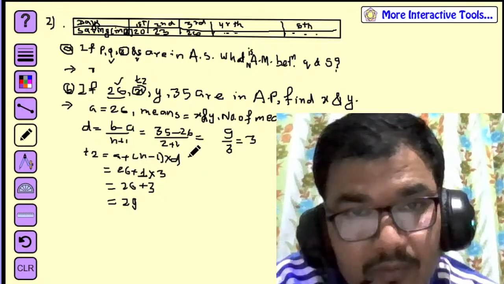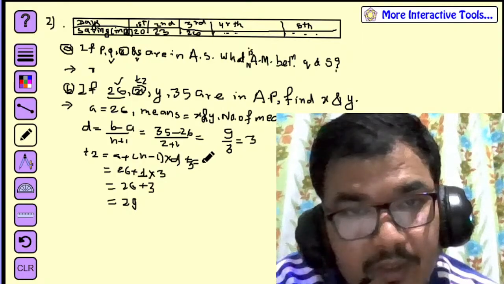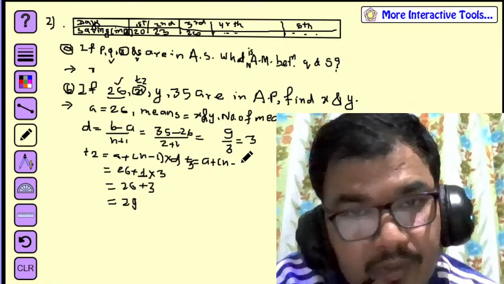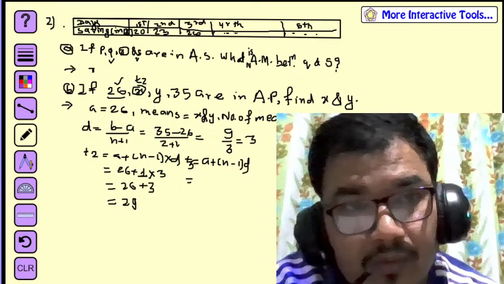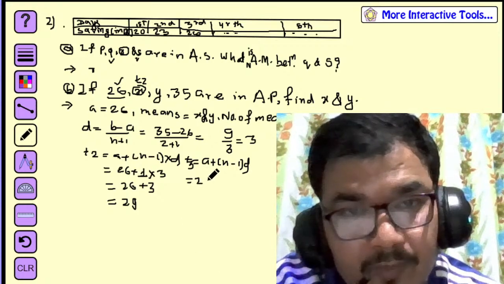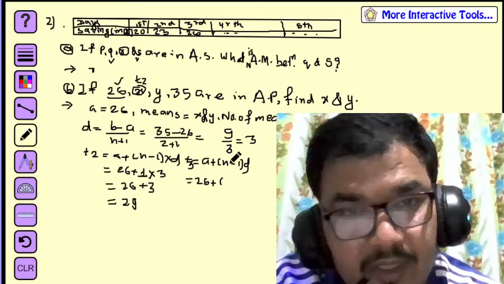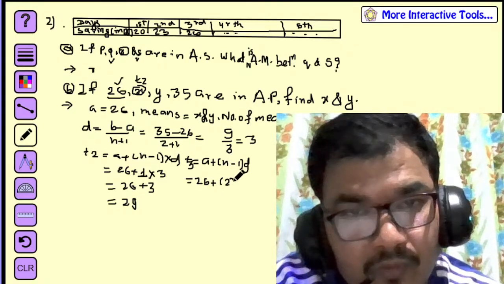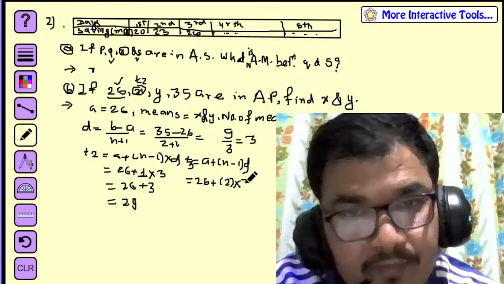T3 equals a plus n minus 1 into d. A is 26, and in place of n there is 3, so 3 minus 1 is 2, into d, which is 3.